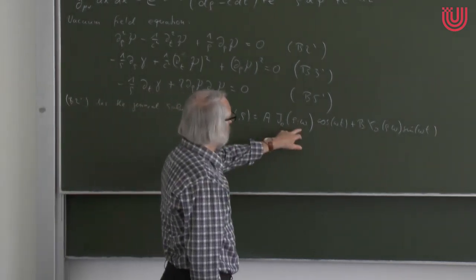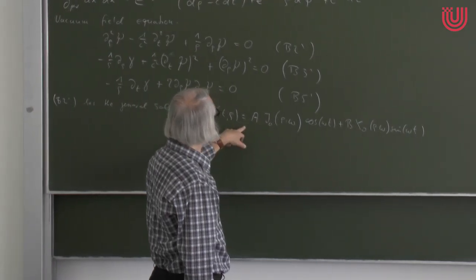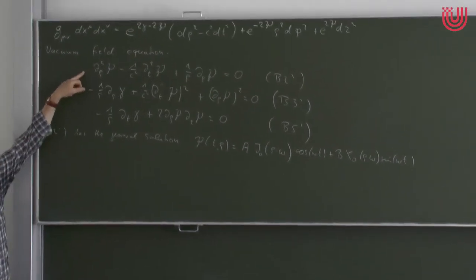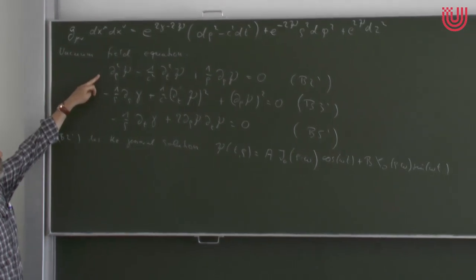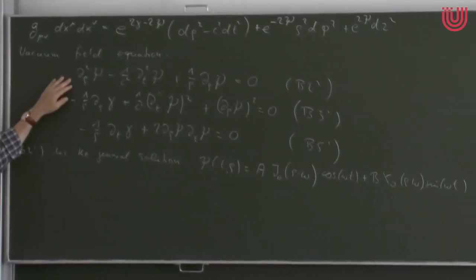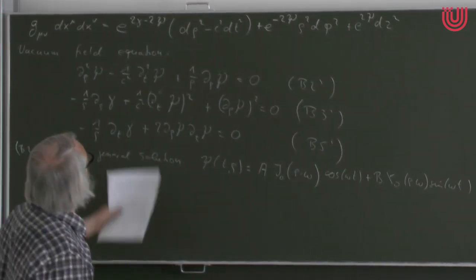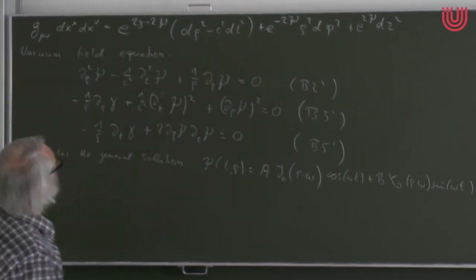Okay, so omega is any real number, and of course you can form superpositions of such solutions, because again we end up with a linear differential equation. In general, Einstein's field equation is a nonlinear set of equations, but in this case, for psi, we get a linear equation. But actually, the metric is not linear in psi, so this doesn't mean that the metric is a linear superposition of solutions.